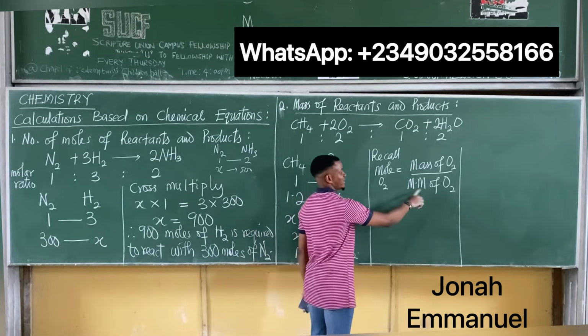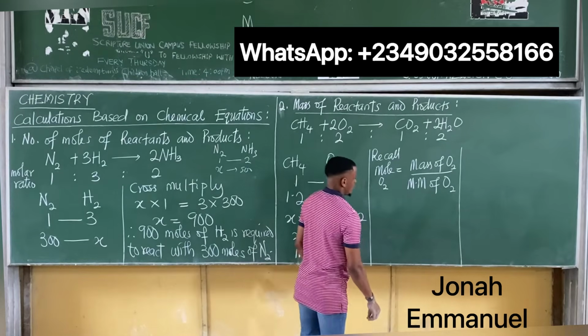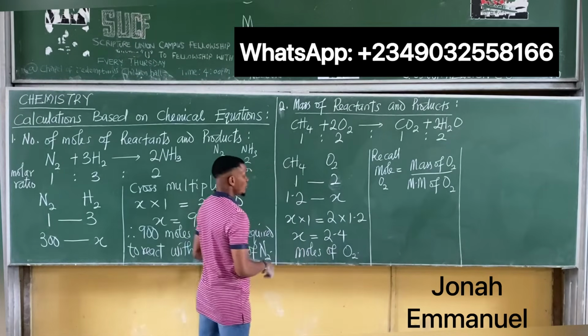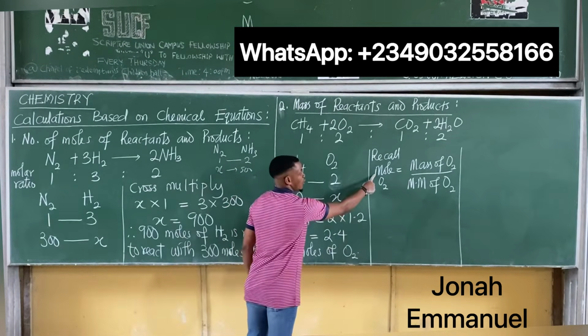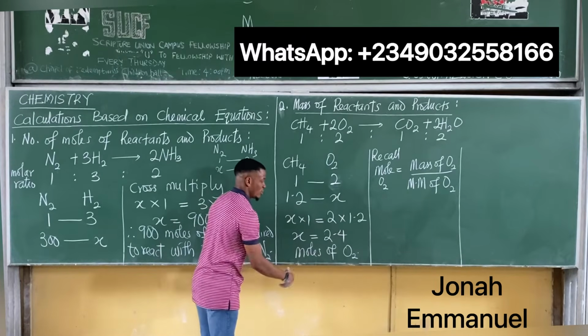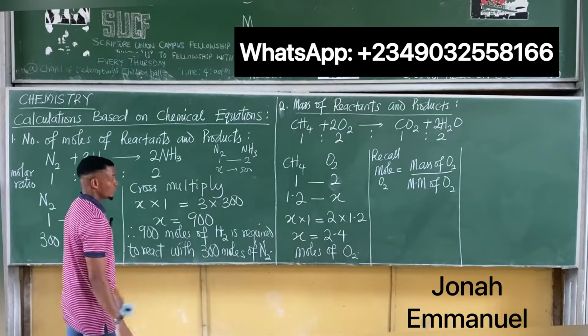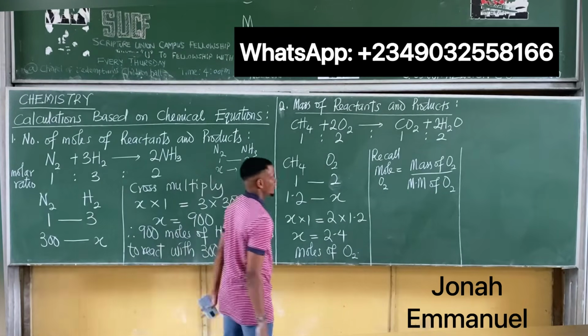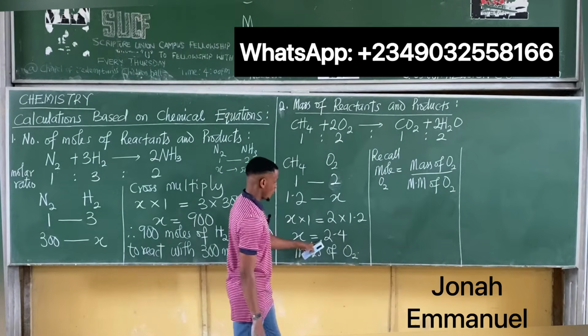I'm writing this as mm because of space. In yours, write molar mass in full. All right, what do we have? We already have the mole of oxygen, which we've calculated as 2.4 mole. So I'm having 2.4 mole of oxygen here.